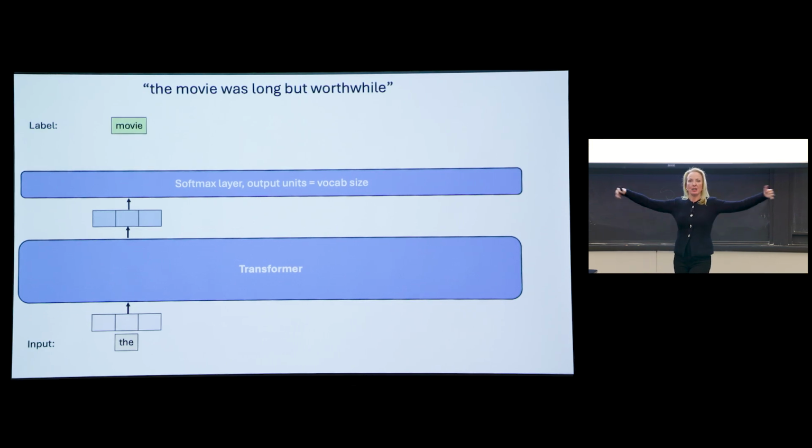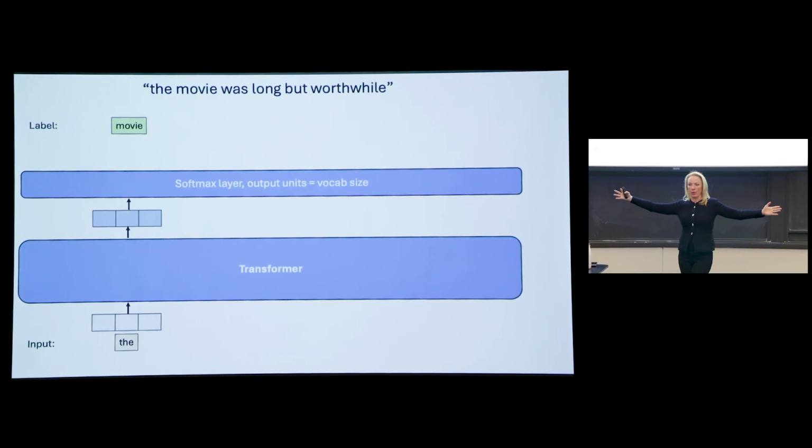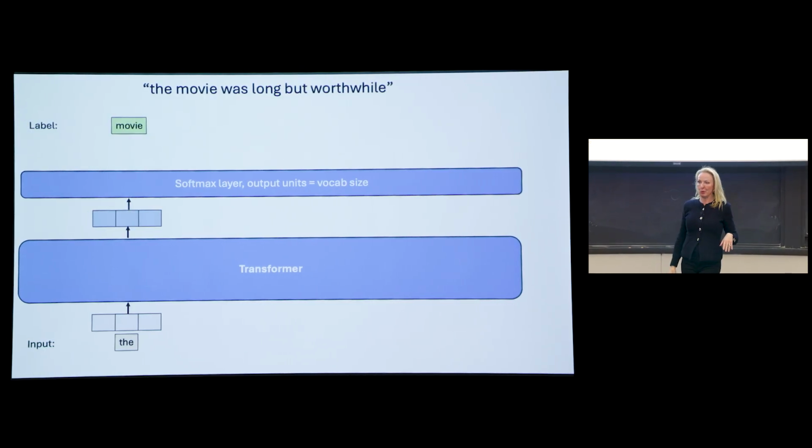We take this vector and we transform it into something that gives us a probability distribution over the vocabulary. So if I haven't trained my transformer yet, if this is the beginning of training, I have random weights and biases in this blue box, right? I get some probability over every possible vocabulary word.